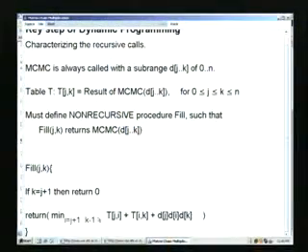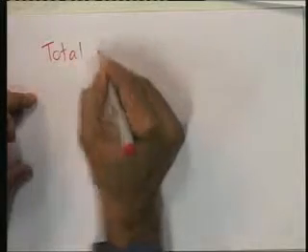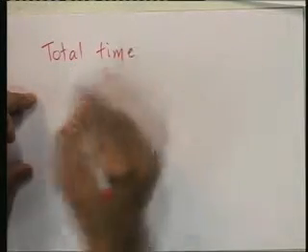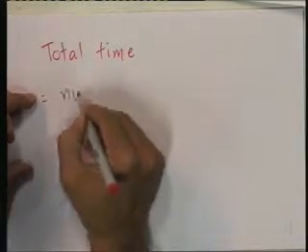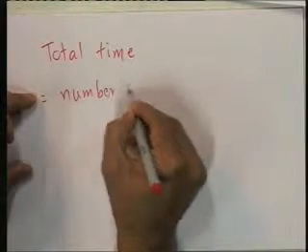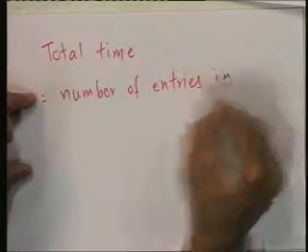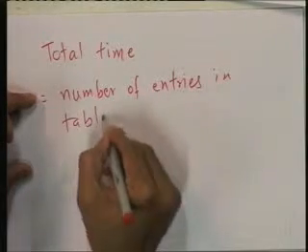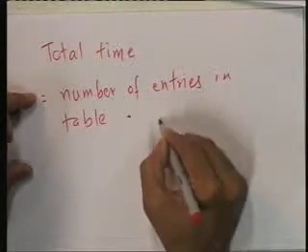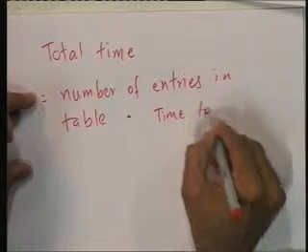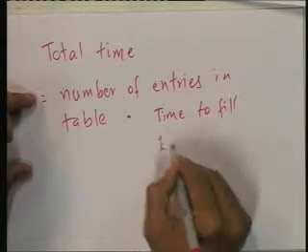So, the only thing that remains to be done now is to figure out how much time the whole thing will take. Okay. So, the total time taken is clearly equal to the number of entries in the table times the time to fill one entry.